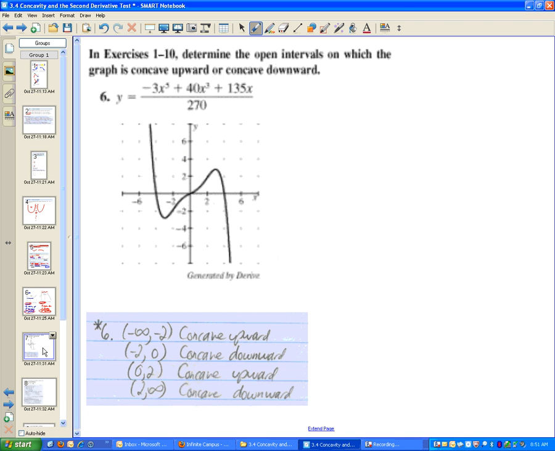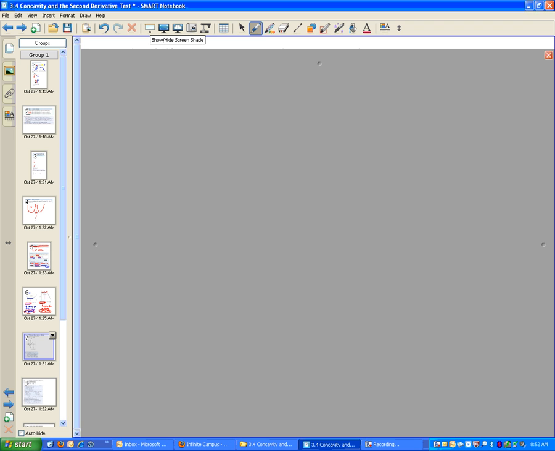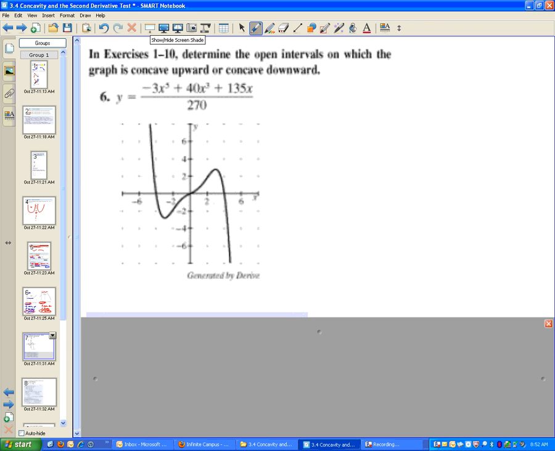Let's do a couple from your assignment. I'm on page 195. For number 6, we're supposed to determine the open intervals on which the graph is concave upward or concave downward.